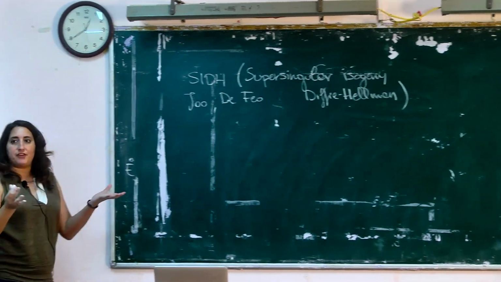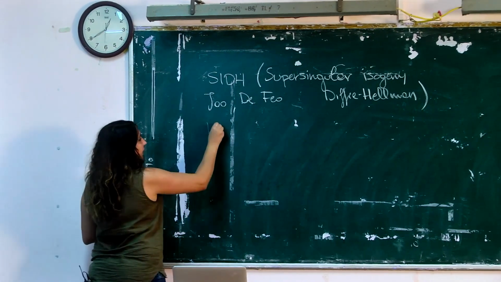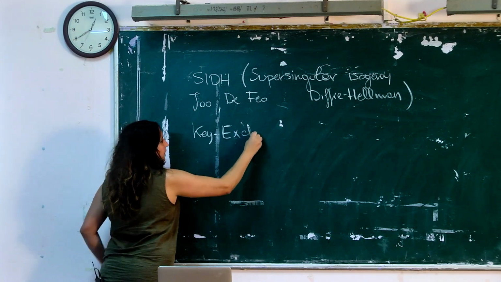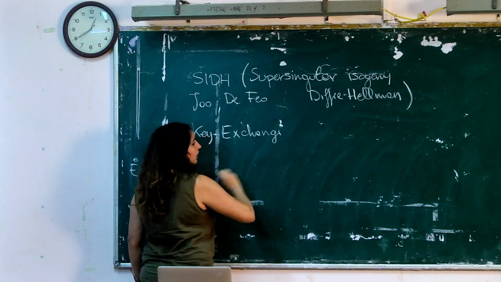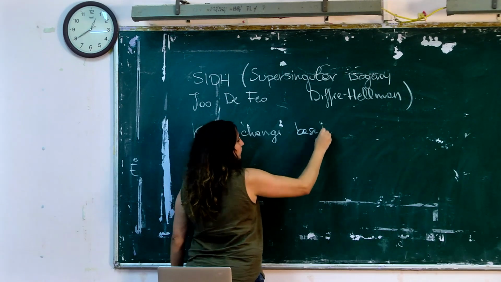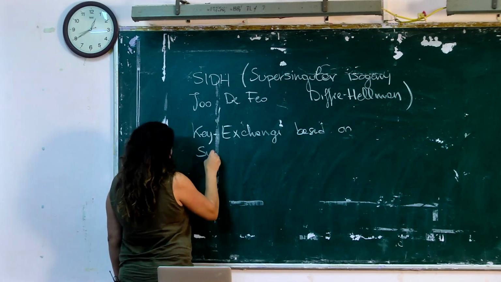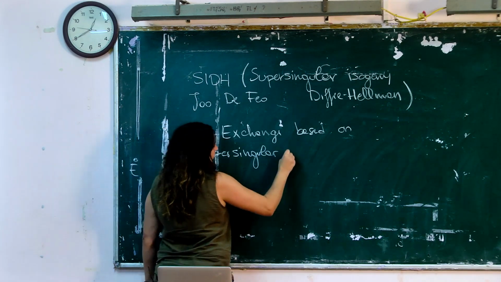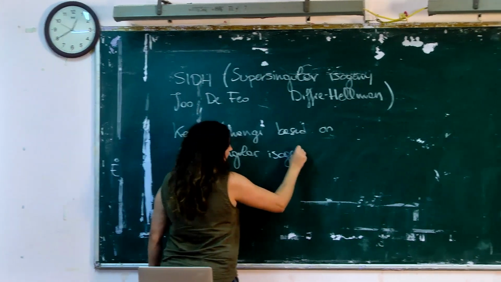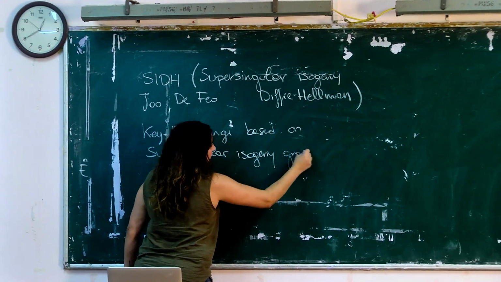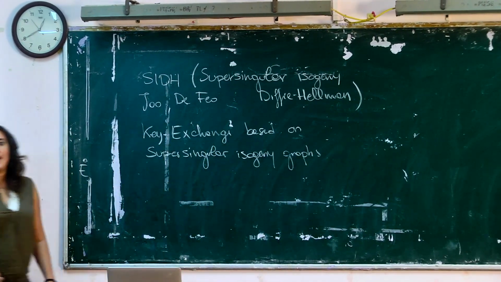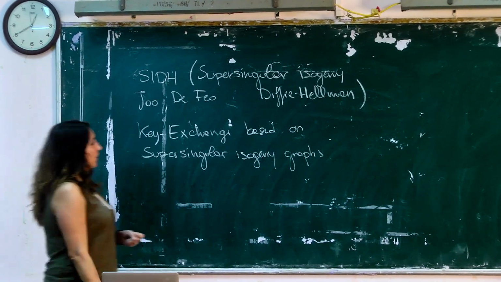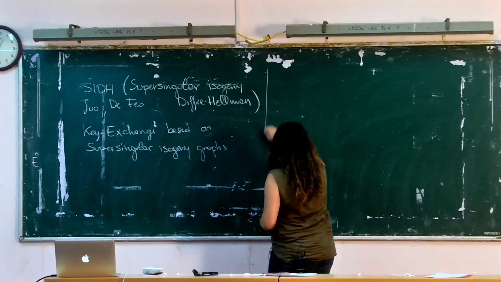Okay? So Diffie-Hellman means that it is a key exchange which is based on supersingular isogeny graphs. Okay, I want to give you an idea about how this works.